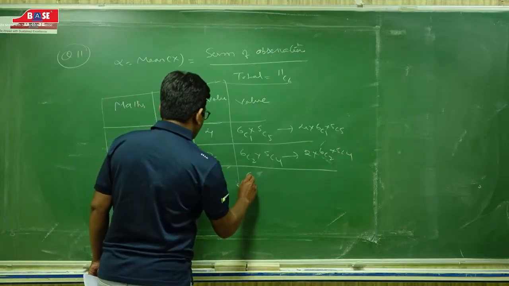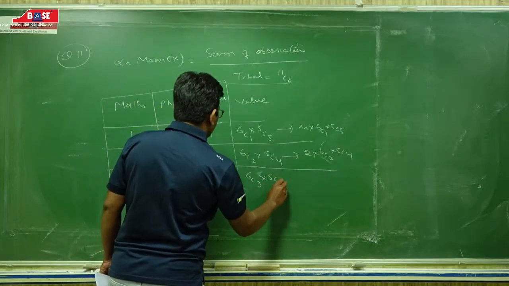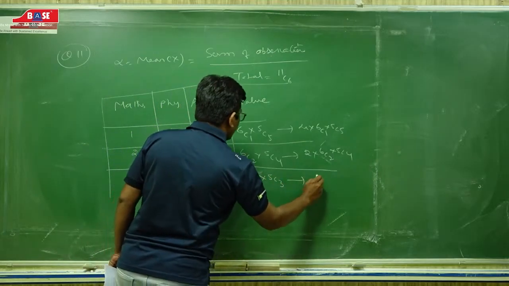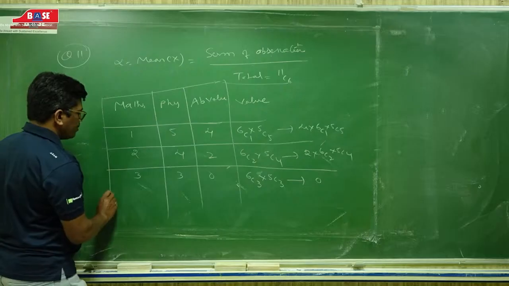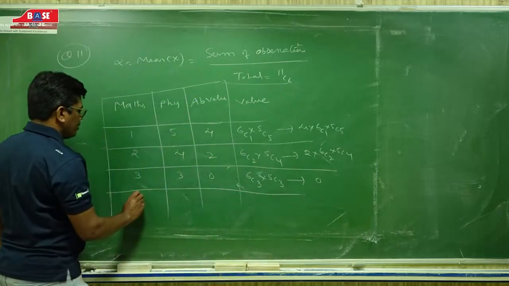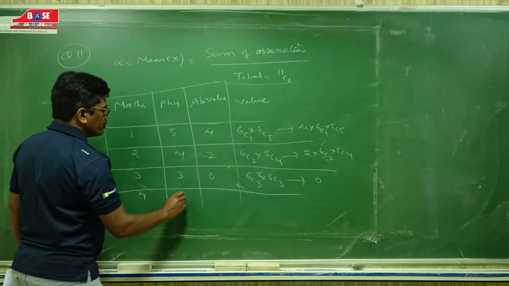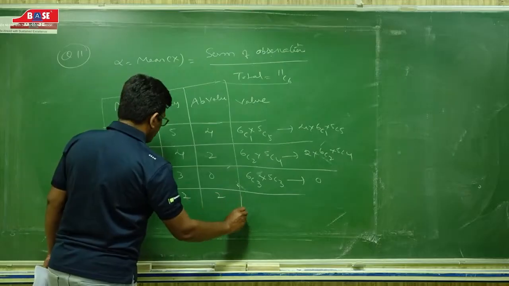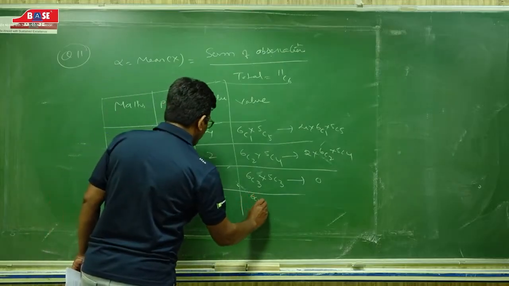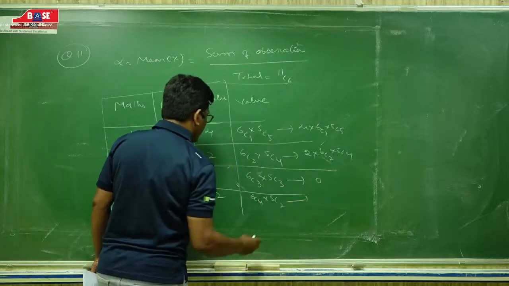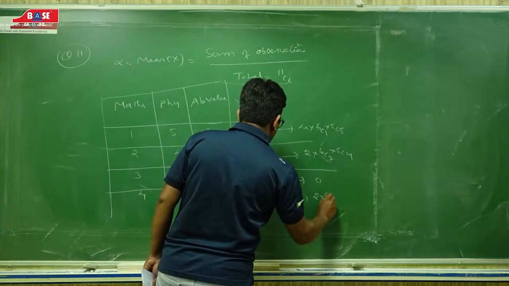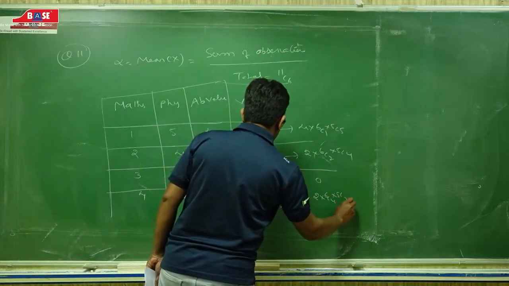This can be done in 6C3 into 5C3. Total value is 0. And maths 4, physics 2, difference is 2. This can be done in 6C4 into 5C2. This value is 2 into 6C4 into 5C2.